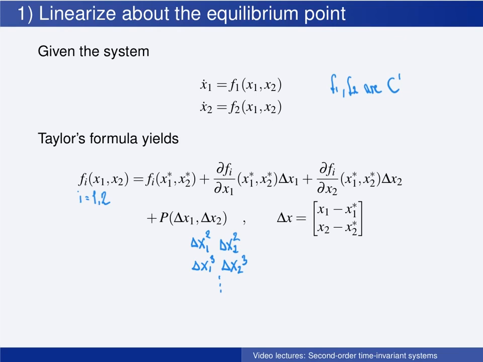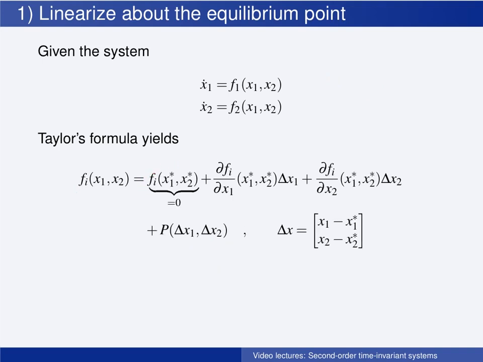That x star is an equilibrium point means that this term here equals 0. And when we are close to the equilibrium point, so that delta x here is small, then these higher order terms in delta x1 and delta x2 will be very small compared to the first order terms, delta x1 and delta x2.